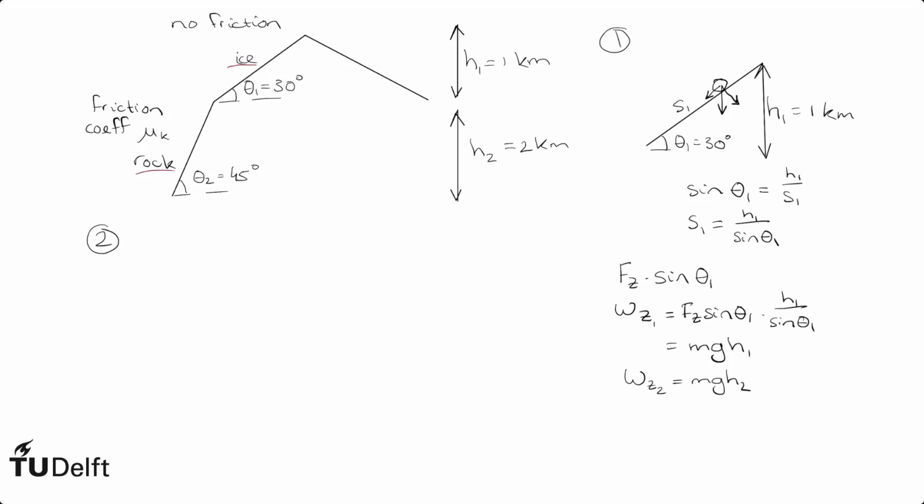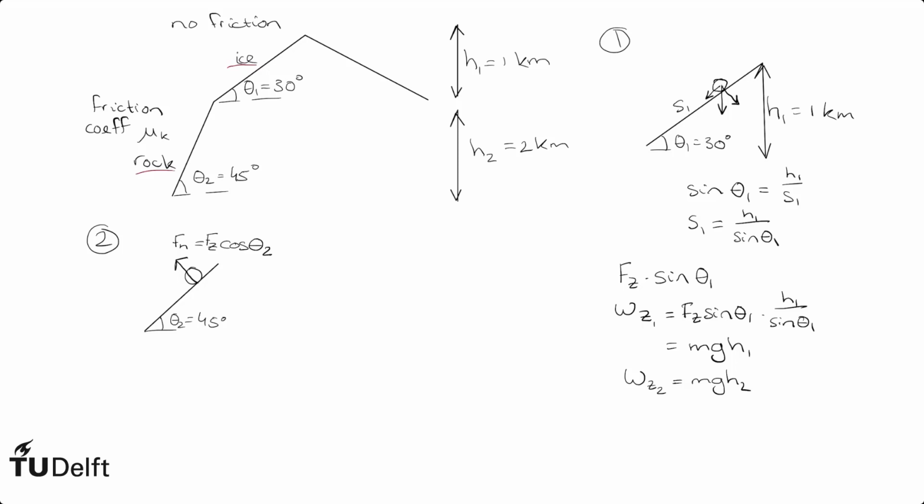Well, we have another slope, theta 2. We have, again, your body. We have the normal force, which we've seen before was Fz times the cosine of theta 2. We have the gravitational force, and we have the frictional force.